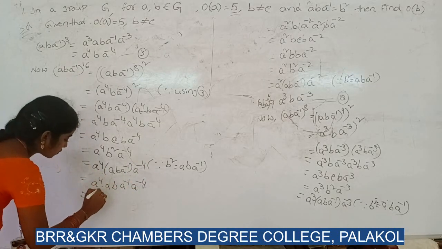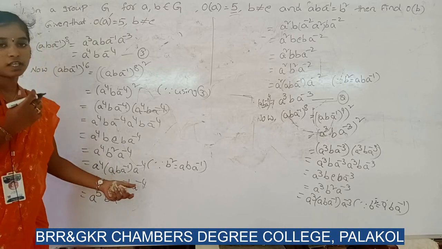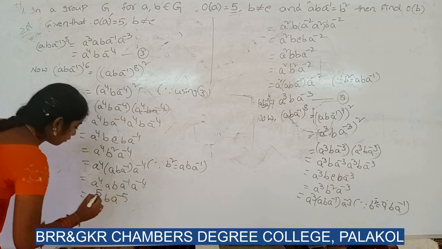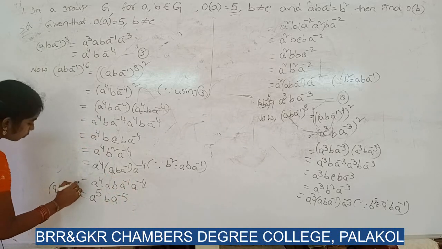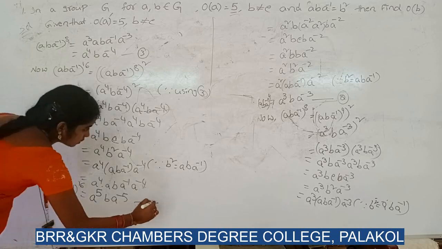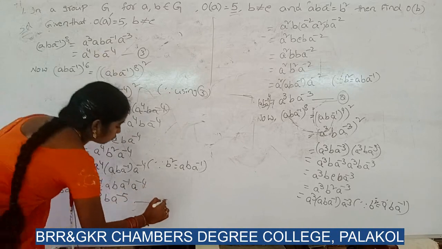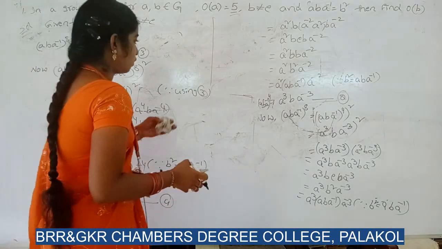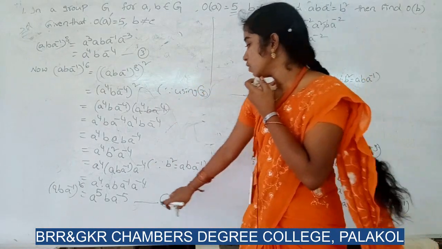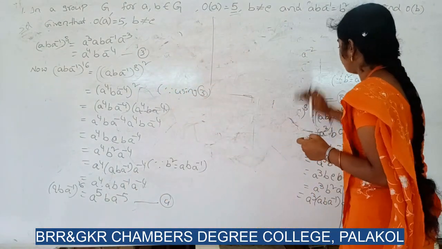So A power 4 plus 1 value is 5, B, A power minus 1 minus 4. So value is A power minus 5. So (ABA inverse) whole to the power of 16 value is this, which is 4. So stop this process.